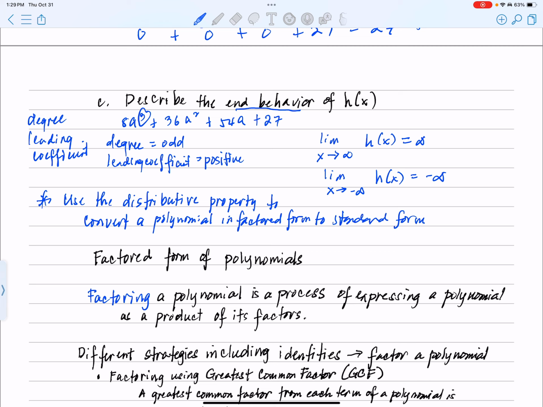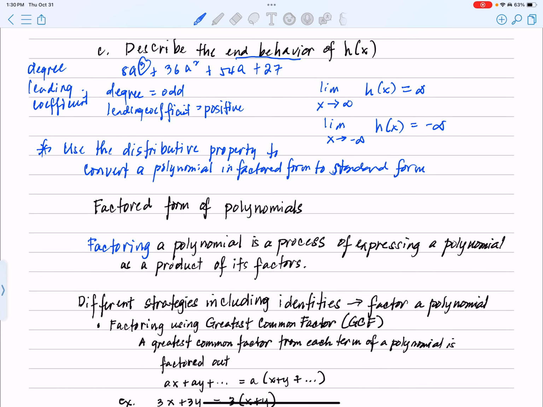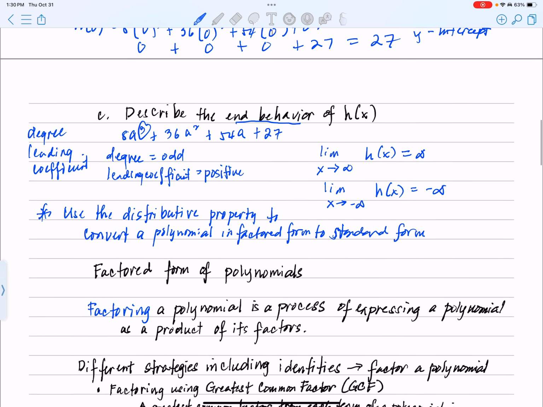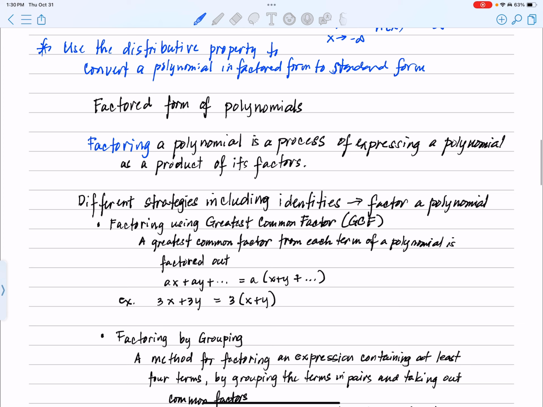Okay? So what we are doing here in the first part is converting a factored form to a standard form. So let's go now to the second part, which is the factored form of polynomial.